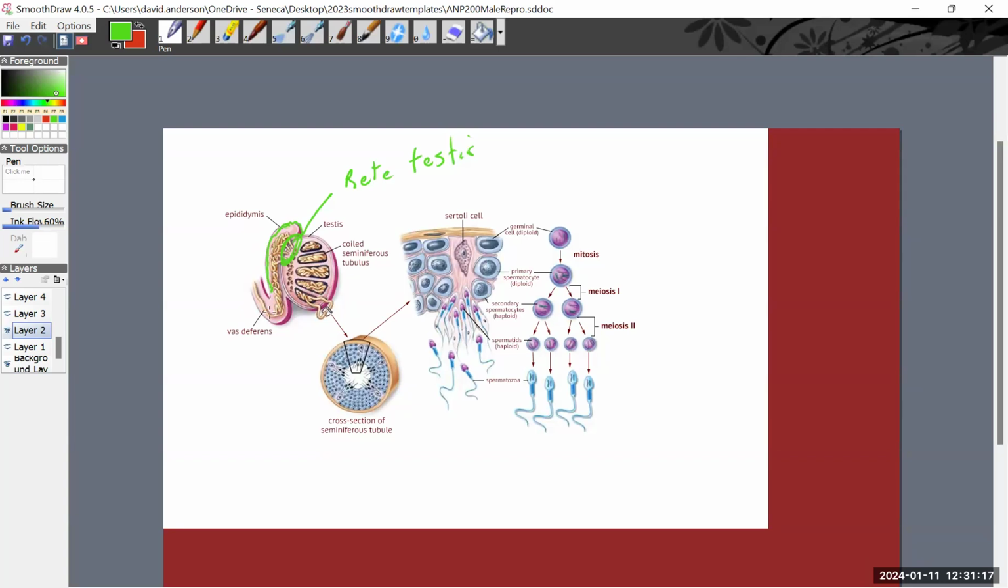And as it leaves the epididymis, it enters the vas deferens, and the vas deferens is going to enter the pelvic cavity through what's called the spermatic cord. So the spermatic cord would be an extension, and not only would we see the vas deferens within this spermatic cord, but we would also see blood vessels that are delivering blood to the testes and veins that would be taking the deoxygenated blood away from the testes and back towards the heart.